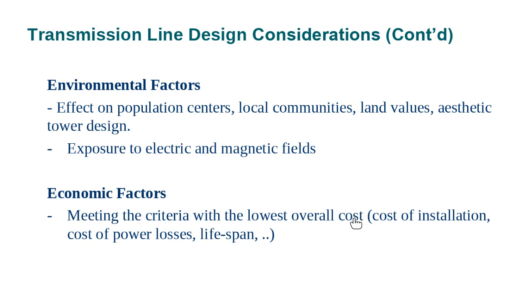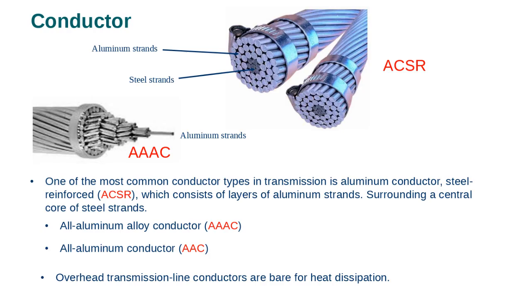So these are also environmental factors we take into consideration. So when we design this, we need to take all the necessary design components or criteria. We already talked about transmission lines, and we mentioned the conductors.